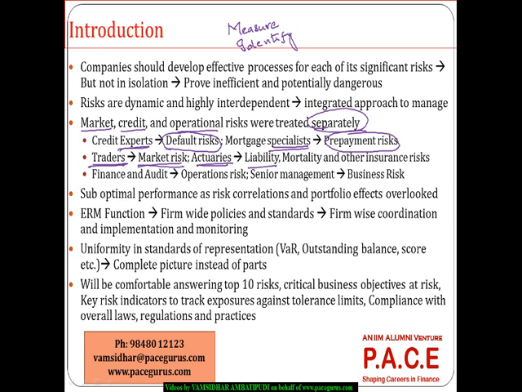Actuaries take care of liability, mortality, and other insurance risks. Every company has an audit team which takes care of operations risk, and probably the senior management looks at business risk. This is what all of you might agree. Every firm has all these specialists. If I look at a finance firm, I would see specialists in all these areas handling each of their risks in isolation.